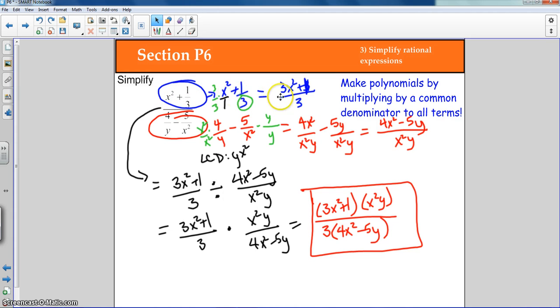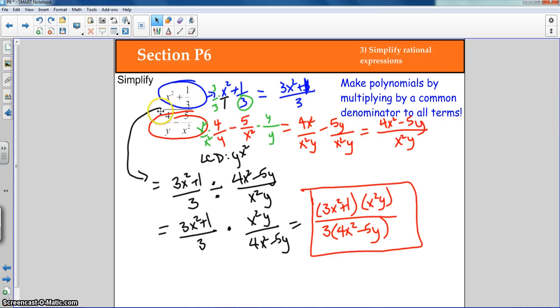I simplified that and got it into one rational expression. Then I looked at the other rational expression, which was in the denominator. I simplified that, found a common denominator, multiplied by the missing pieces, and then simplified and got that down.